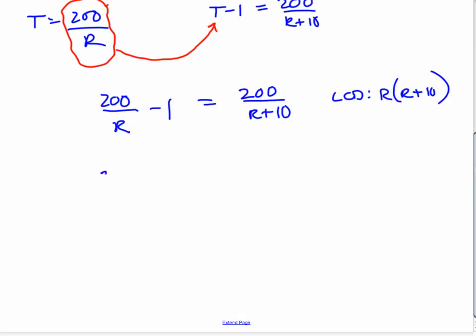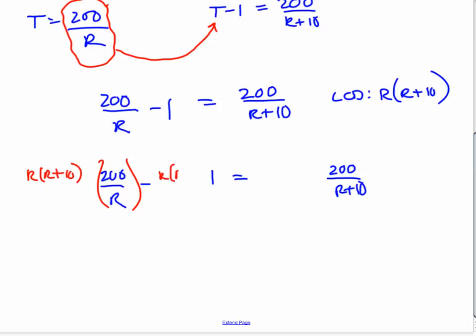So I'll take 200 over r, minus 1, and 200 over r plus 10, and I'll multiply each of those by r times r plus 10. Look at that negative, brackets, dirty negative there. Careful.